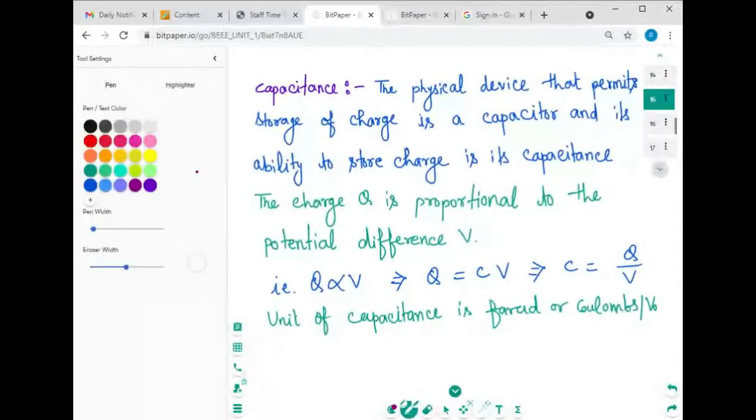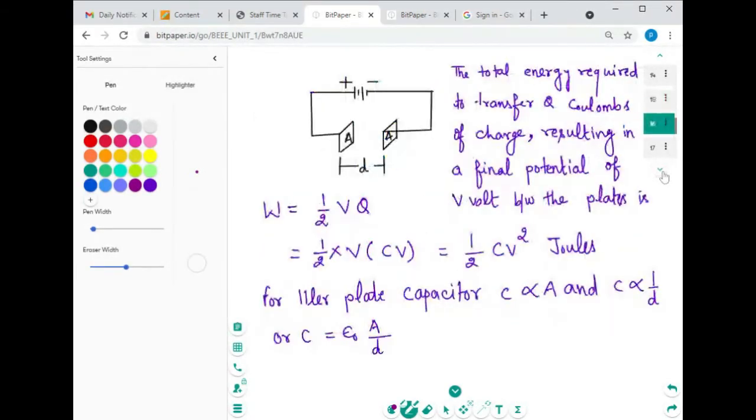The first definition we discussed in the last session is capacitance and how to calculate the charge of that particular capacitor. We calculated C is equal to Q upon V. Then we saw the definitions with the help of some circuit diagram, and we calculated the work done.